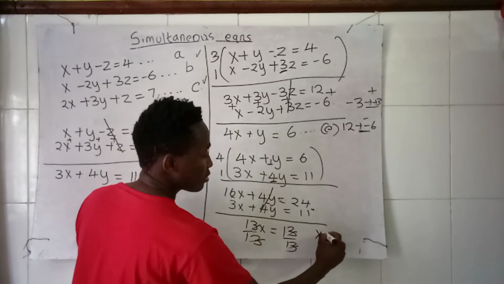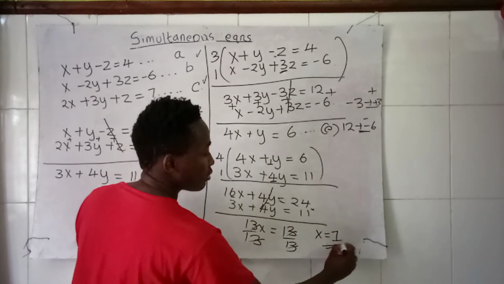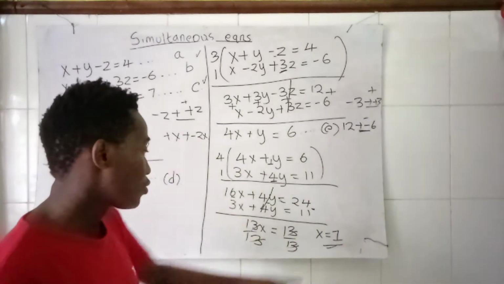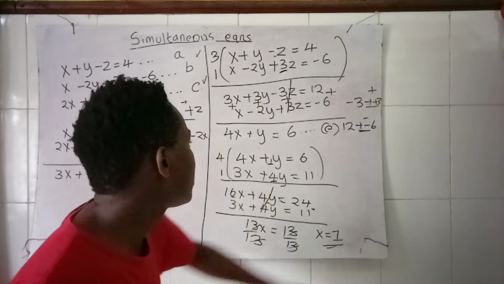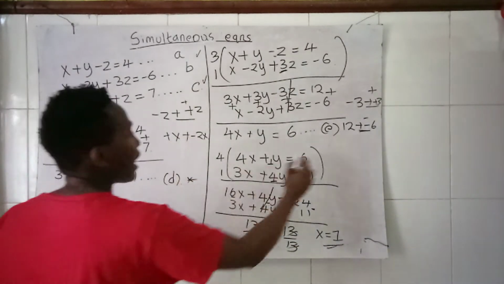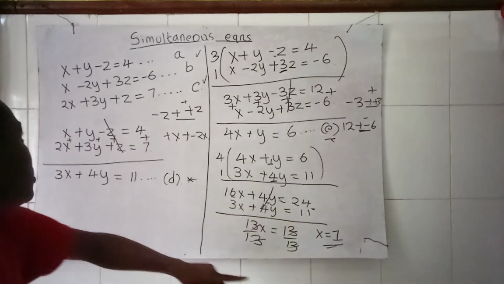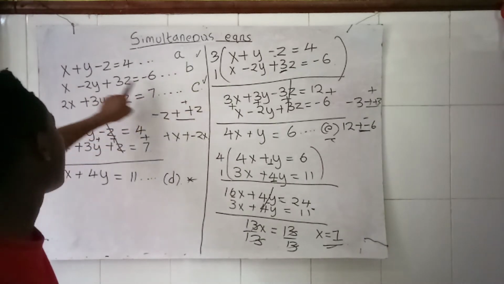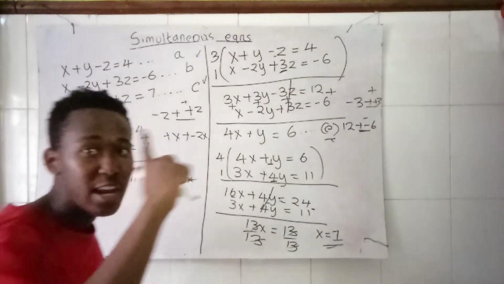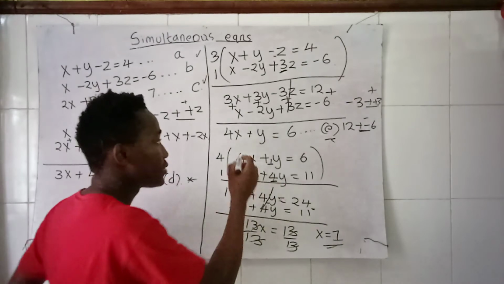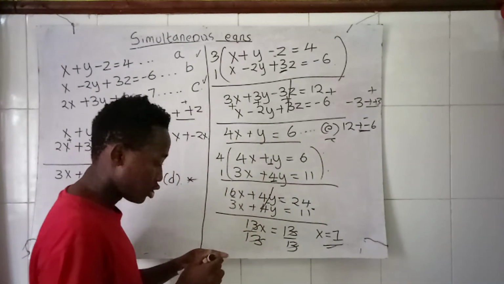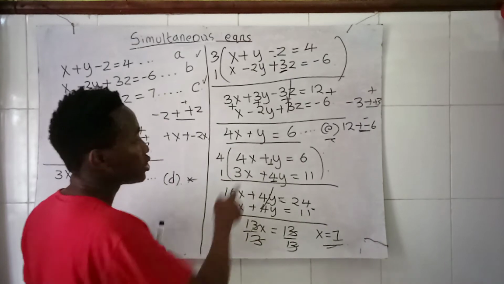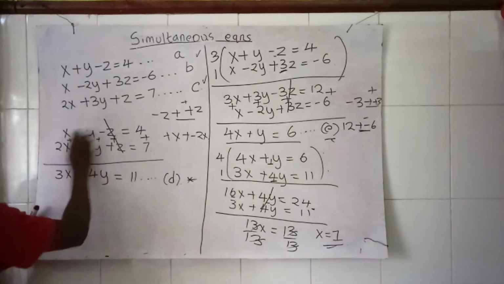I'm left with x is equal to 1. So I have one answer, x is equals to 1. I now substitute it either into equation D ama E. In case we substitute into these three equations hapa, itakuletea shida juu we only have one variable. So you substitute into this equation ama hizi mbili hapa. So I can choose to substitute it into E iko hapa karibu.